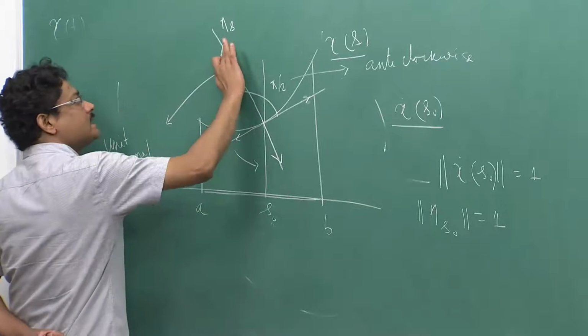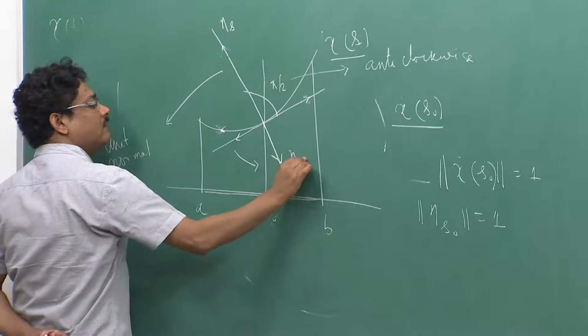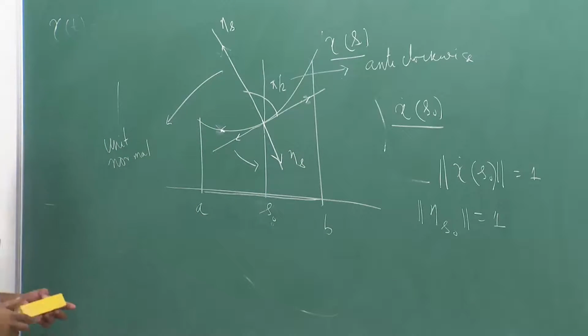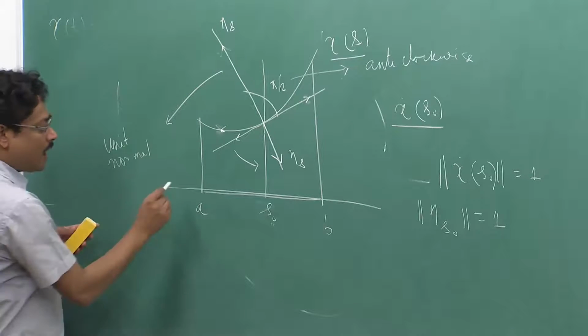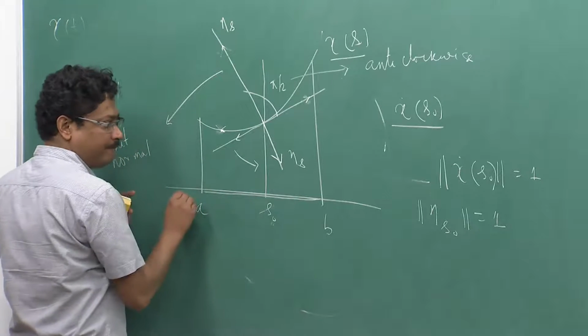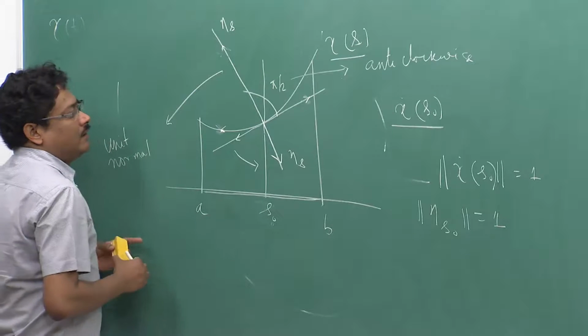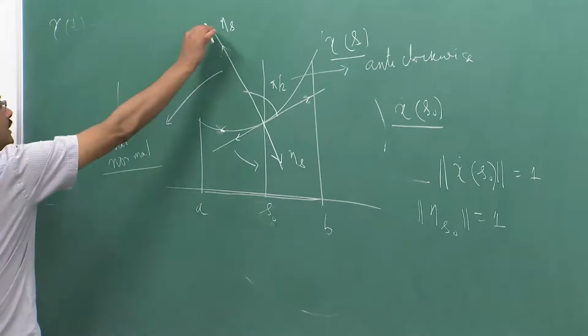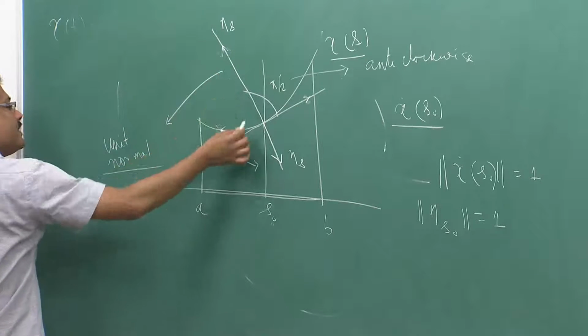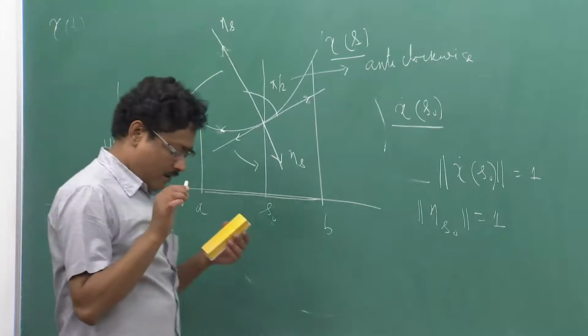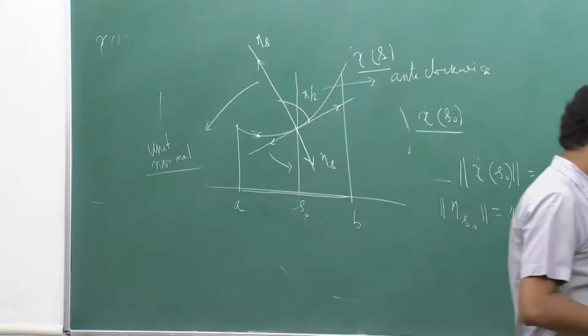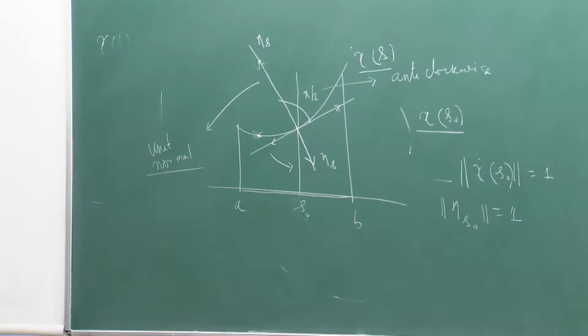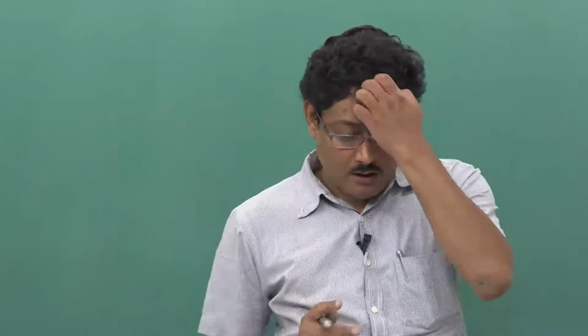In that case, this will be the unit normal. So, it depends on how I move from A to B or B to A. So, the direction of this unit normal depends on how I move, and that will give rise to a quantity called orientation. We will soon come to it. Okay.